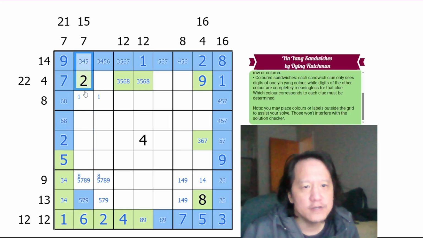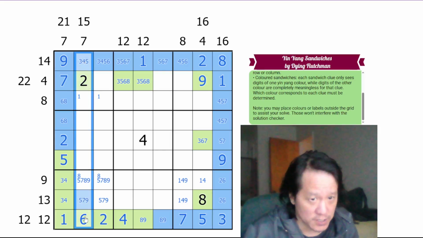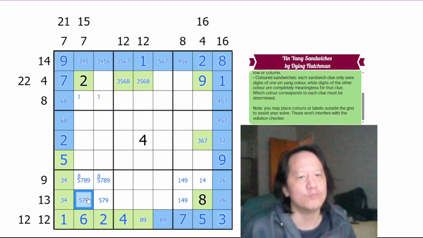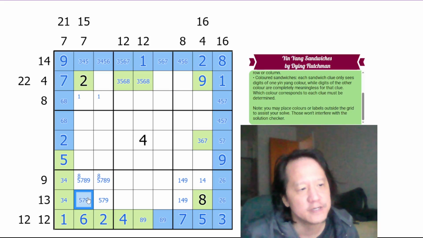So these are guaranteed to be non-part of the sum. We also know 1 and 9 are guaranteed to be not part of the sum. So, can we ever have 6 digits outside? I don't think so, right? They add up to 23 at most, and you have a 1 and a 9 guaranteed.